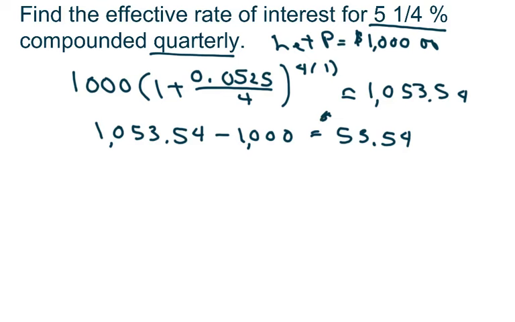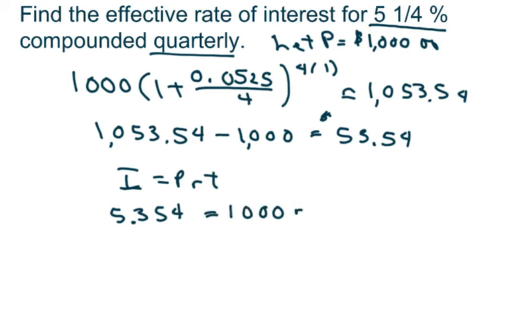So your interest, I, equals P times R times T, is going to be 53.54, right, equals 1,000 times R times 1.